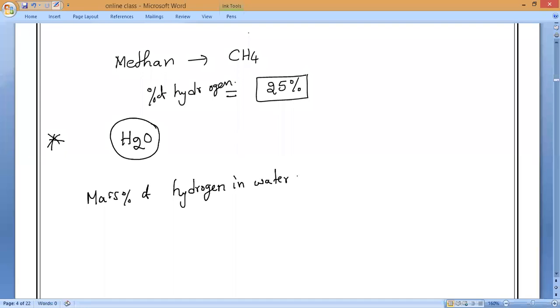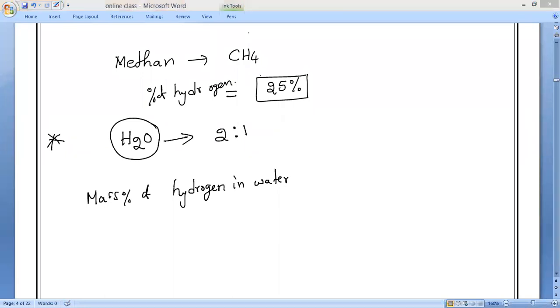What is the atomic ratio of water? H2O means 2 hydrogens and 1 oxygen. Very good, Akhil. Yes, 1 oxygen.